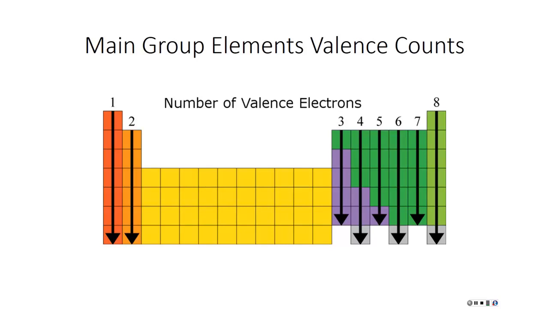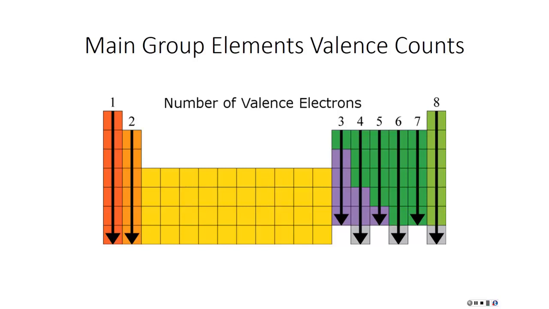I didn't show this to you before because I wanted you to think of them in terms of Bohr model and quantum notation, but there's a shortcut to figuring out the number of valence electrons something has. Everything in the first column is going to have 1 valence electron associated with it. Everything in the second column has 2 valence electrons.